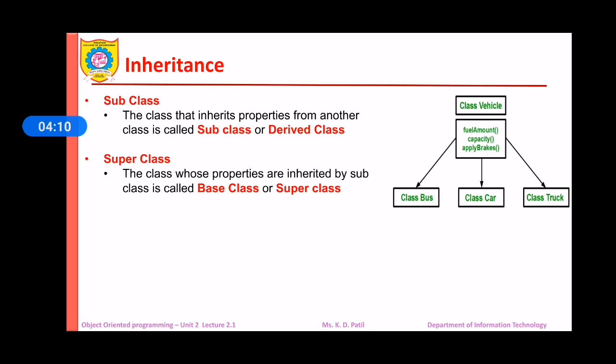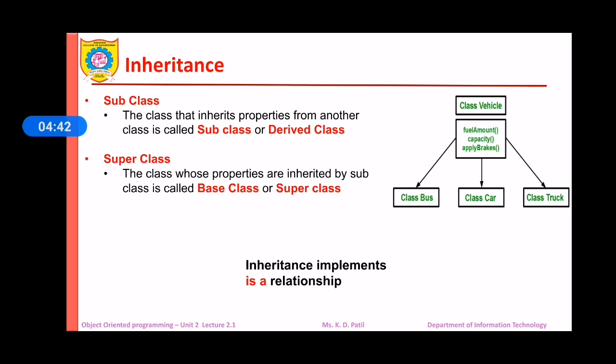So these three classes are considered as subclasses, derived classes or child classes. Now let us see what is superclass. The superclass is the class whose properties are inherited by subclasses, and those superclasses are also called base classes or parent classes. Now in this example, the class vehicle is the superclass for the class bus, car and truck.